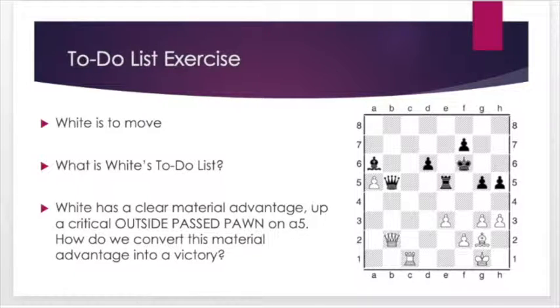That's a little bit of a hint, but what I want you to do is, if you'd like, pause the video and go ahead and compile a to-do list for white. How does white win? It doesn't have to be specific moves, but more ideas. What sort of ideas and what sort of generalities does white need to achieve in order to turn their material advantage into a win? Go ahead and pause the video.